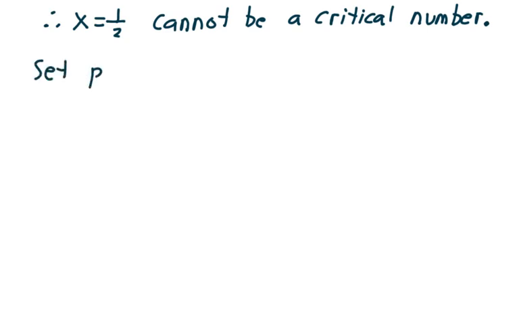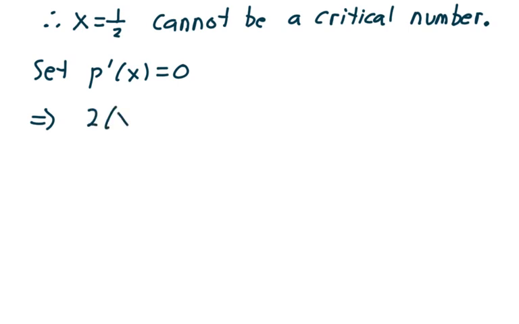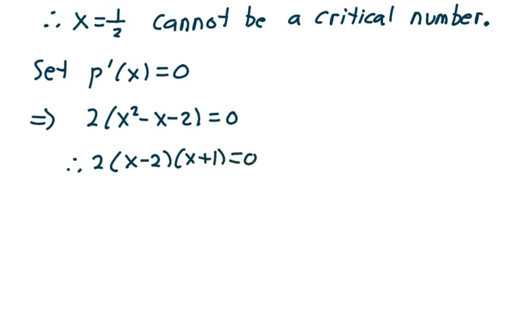Now, set p prime of x equal to 0. And so that implies 2 times x squared minus x minus 2 is 0. And so therefore, 2 times x minus 2 times x plus 1 is equal to 0. And then what that implies is x equals 2 or x equals negative 1.